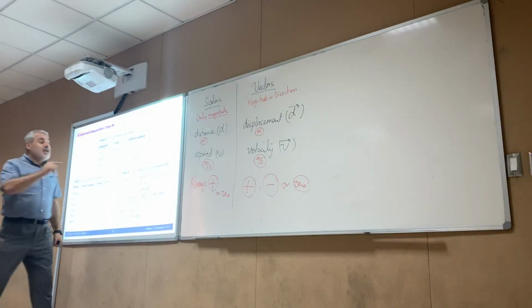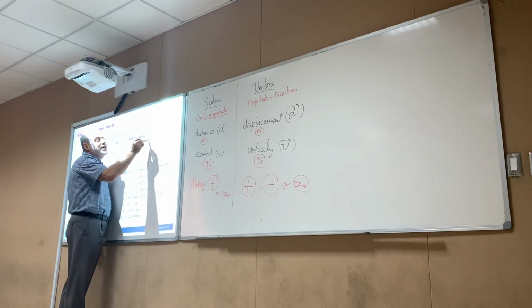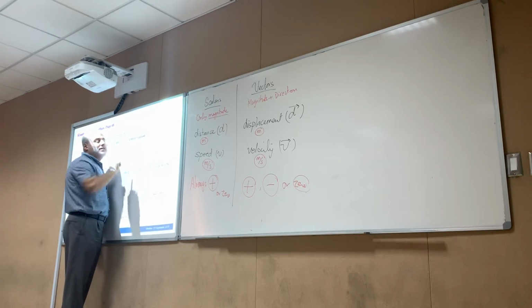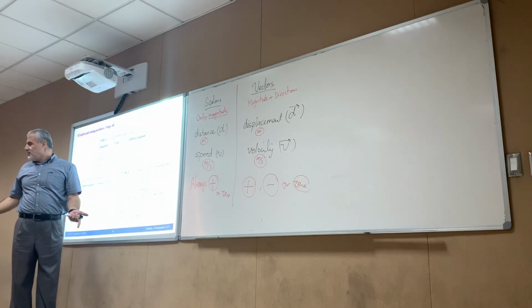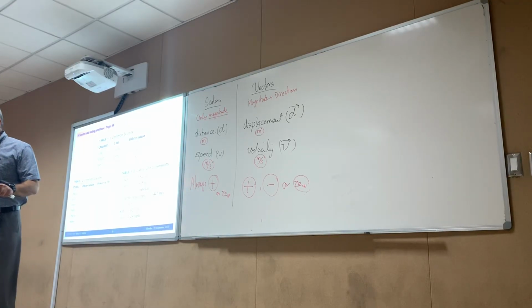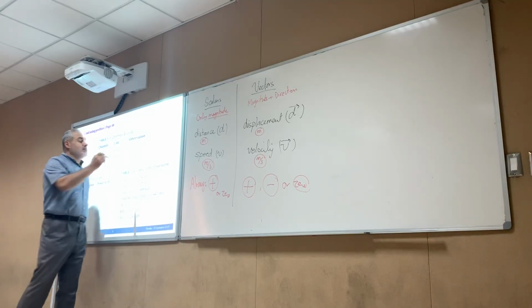For example, if I give you the time in hours, days, or minutes, you should convert to seconds. This is by default. Don't even think. You should know it. Nobody will teach you this one. You already studied this in earlier years.